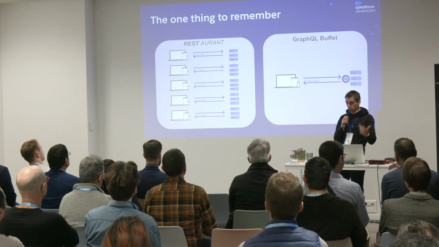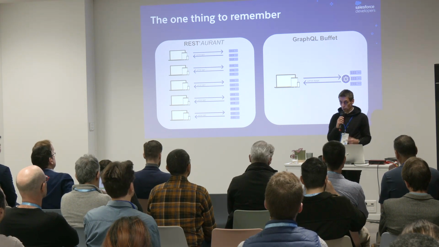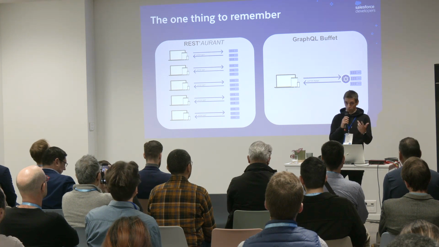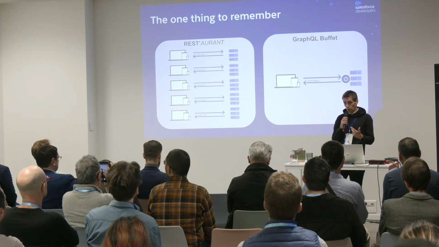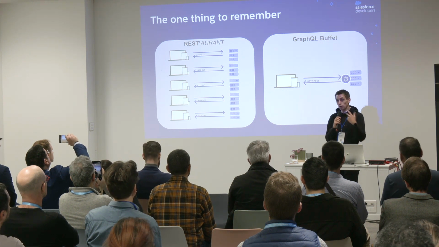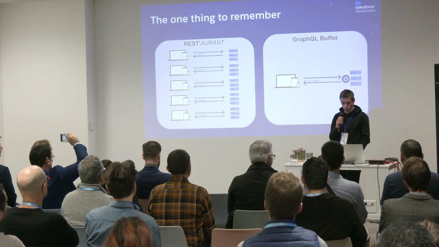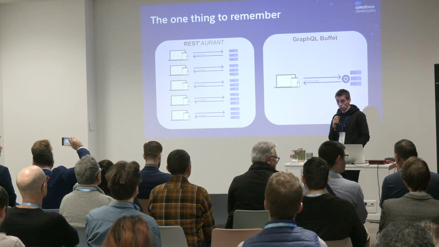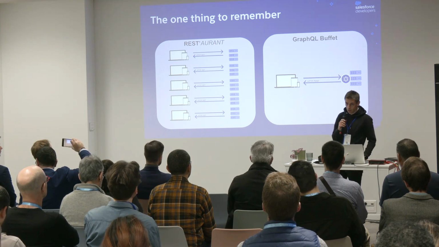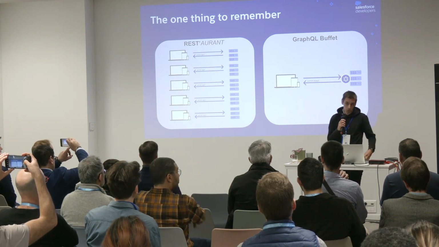In the restaurant, you will be sitting, and you'll be asking the waiter, ordering plates that are on the menu, and you will have to wait at your table. It will bring back a number of items that you ordered. On the GraphQL buffet, it's different. You will have to walk into the buffet and make your plate.